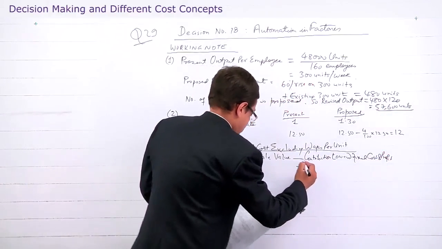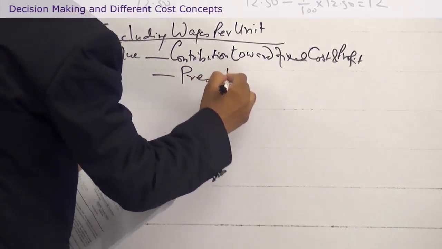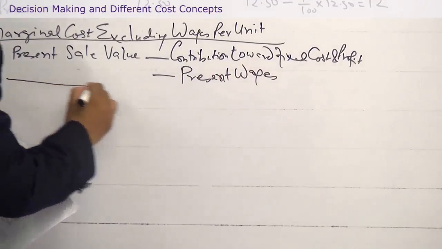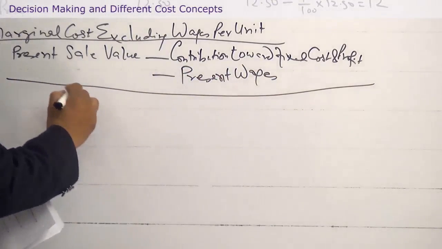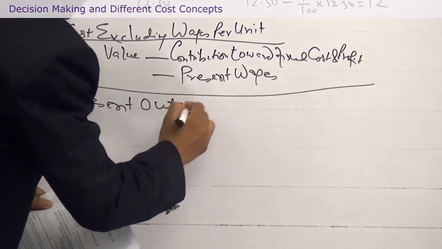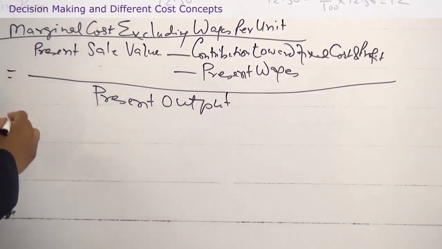Further, you have to reduce present wages, and divide by present output in units.